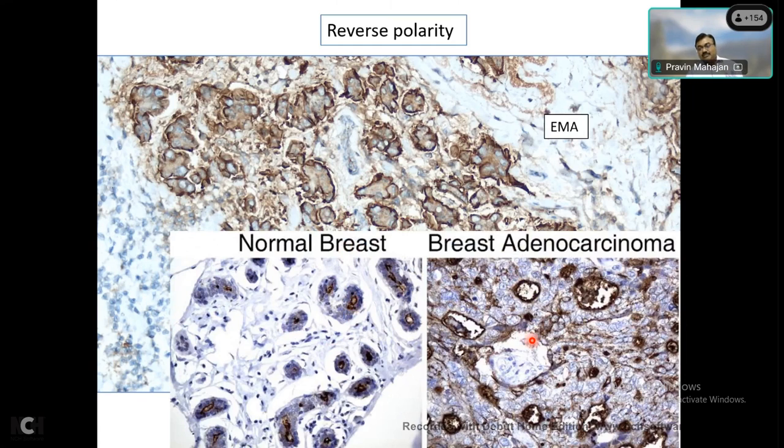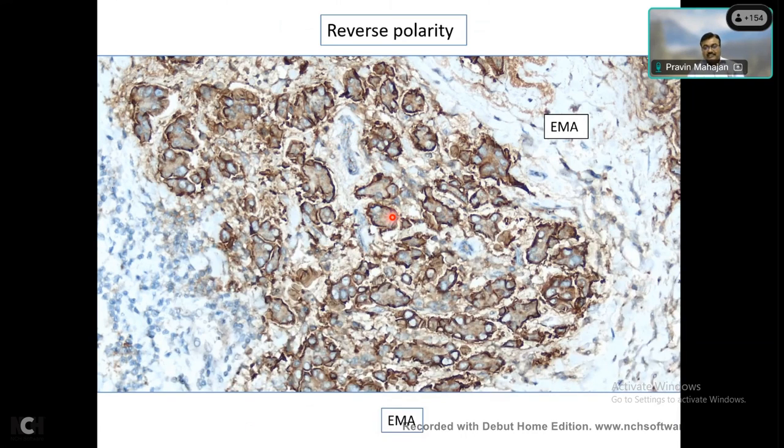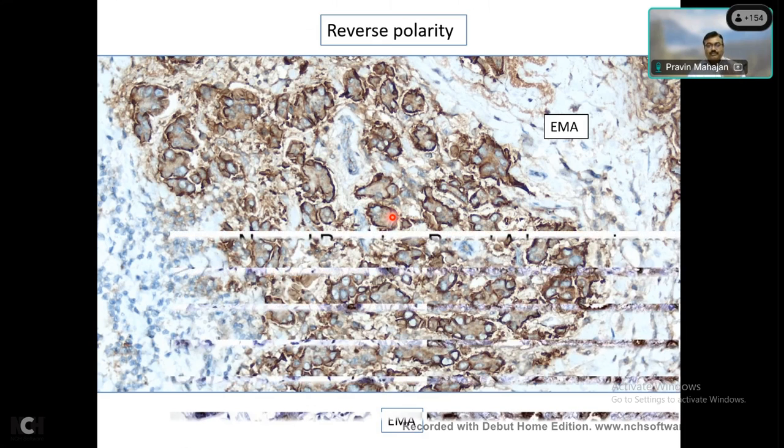Even in a breast carcinoma which forms tubules, the EMA expression is towards the luminal side, that means inside. But in invasive micropapillary carcinoma, you see expression which is outside. That is what I meant by inside out expression of EMA, or inside out pattern, which is called reverse polarity.